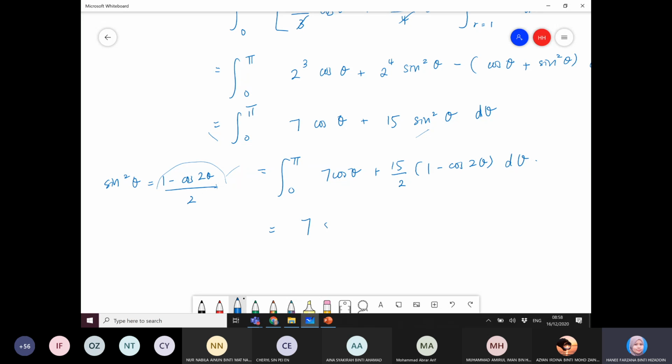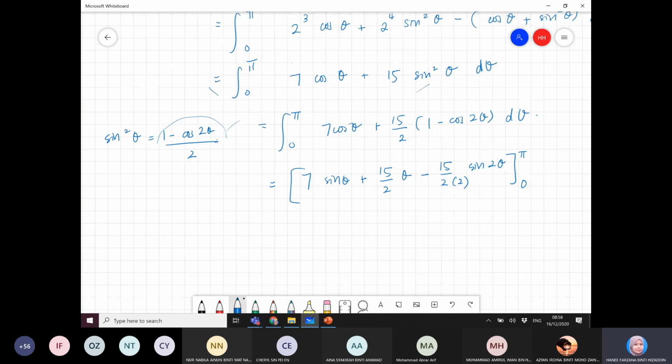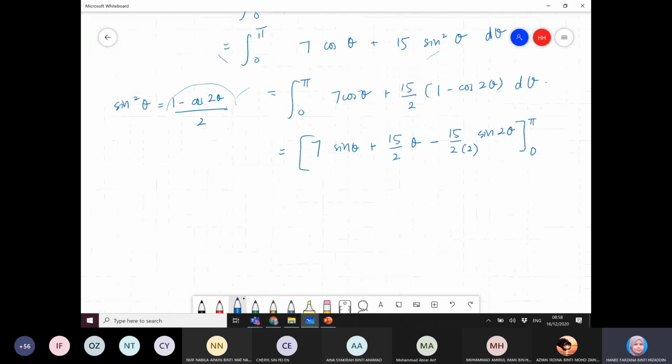So 7 sine theta plus 15 over 2 theta minus 15 over 2 divided by 2 sine 2 theta. Put the value from theta equals 0 until theta equals pi. Then you put in the values.